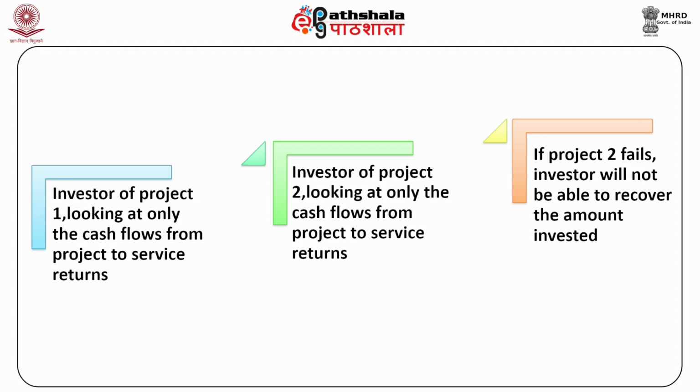Suppose project 2 fails, then the investors who have invested in project 2 will not get the return or recover the amount that they have invested in this project, simply because project 2 is incorporated as a separate entity, and lenders or investors in the project will look at only the cash flows from project 2.